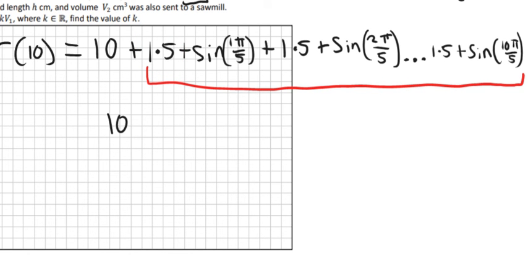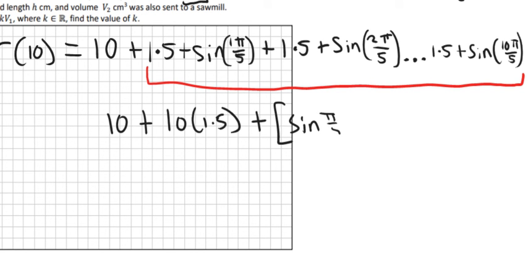So we've got 10 plus 10 times 1.5 plus all of those sines added together. So sine of pi over 5 plus sine 2 pi over 5 plus sine 3 pi over 5, and so on, all the way up to sine 10 pi over 5.